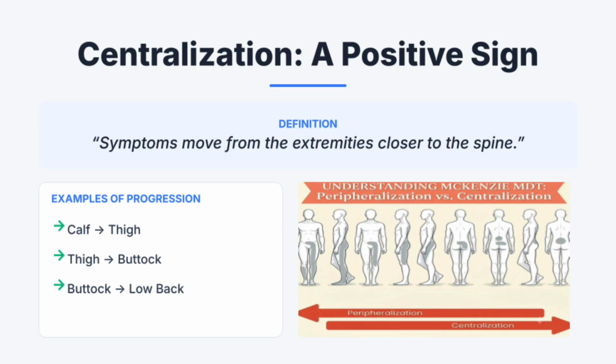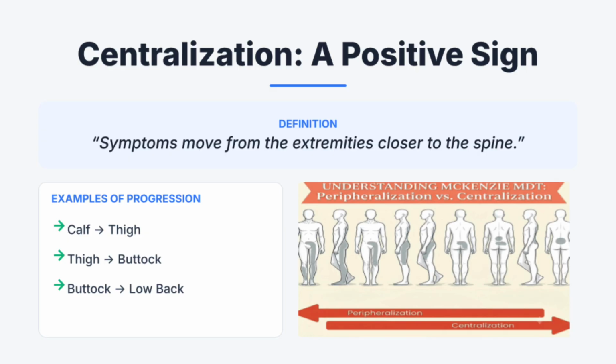So you can see on this slide here an example of centralization. Let's say we have a patient who's got lower back pain and it's radiating all the way down to the calf. If they perform some repeated movements and now the pain is only radiating to the thigh, that would be an indication of centralization. Similarly, if the pain was going from the lower back and into the thigh, but after these repeated movements, the pain is only in the buttocks, again, that's a very positive indication that we are centralizing symptoms.